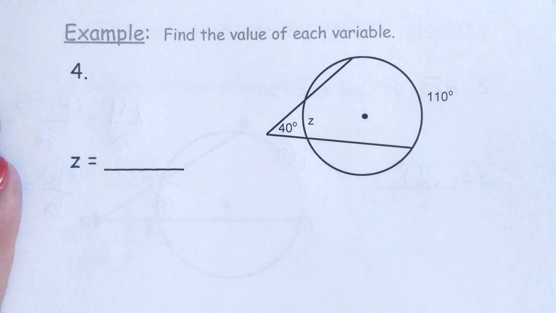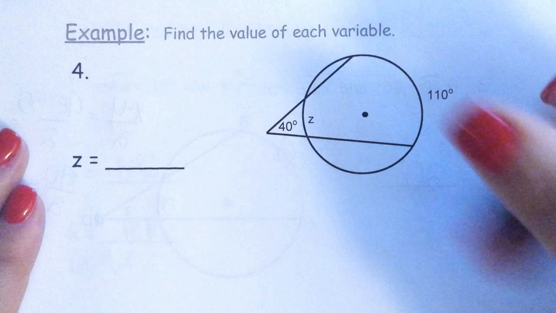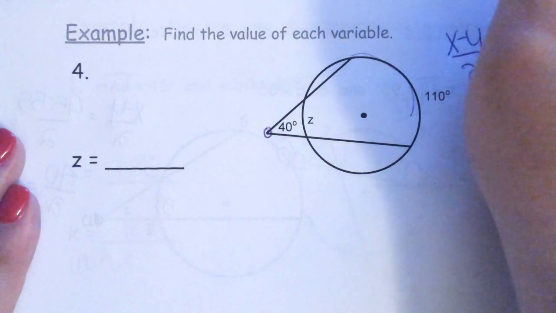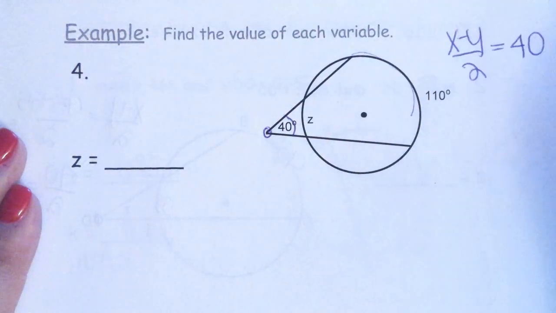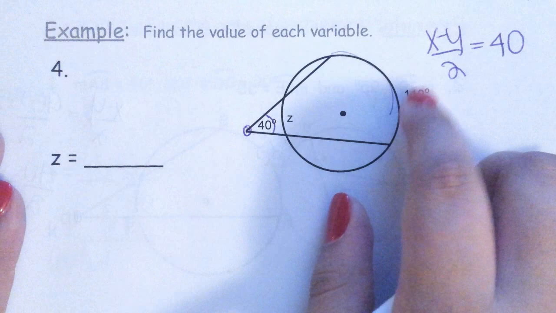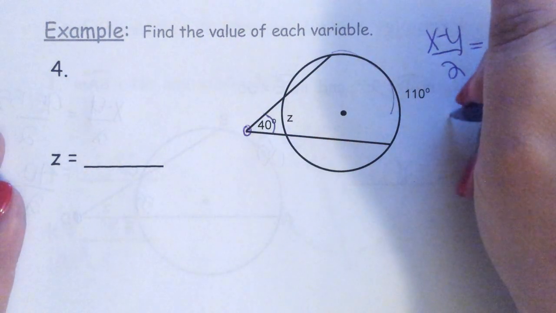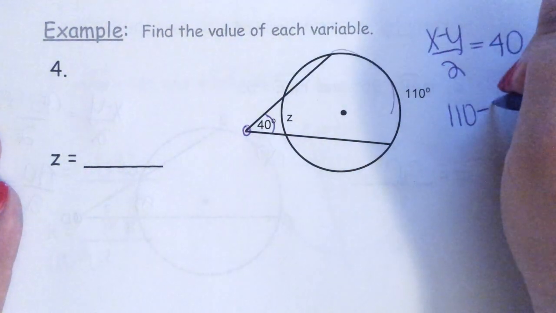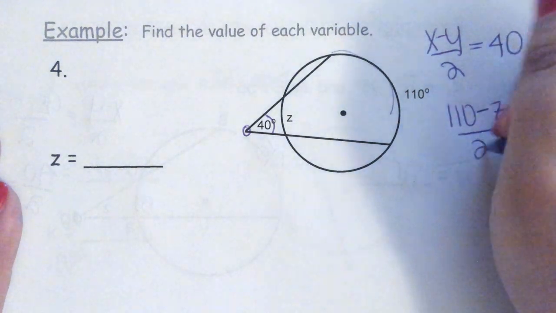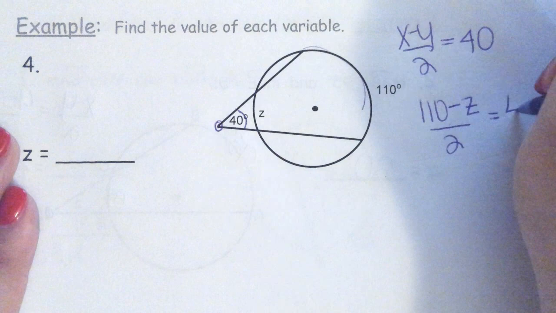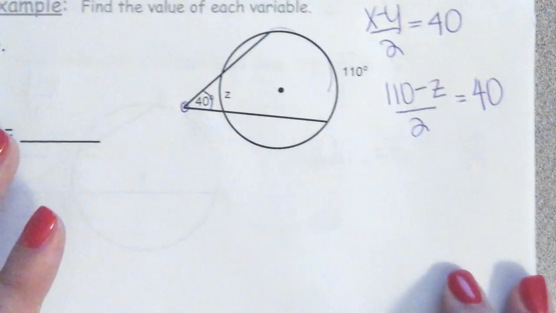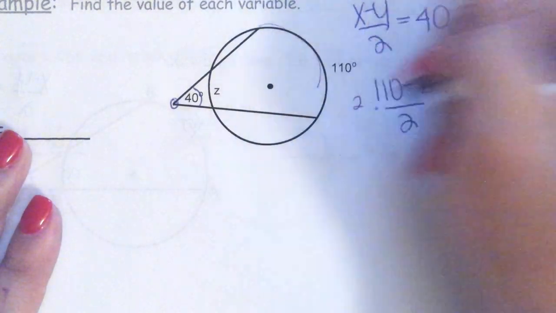For this one, I have the outside, so it's intersecting outside, so I'm going to do x minus y divided by 2, but I already have the angle. So that's going to equal 40. I need to find my smaller one. So that's going to be 110 minus z divided by 2. And the smaller one has to go second, or else you'll get a negative number. Equals 40. Now we're just going to do some algebra.